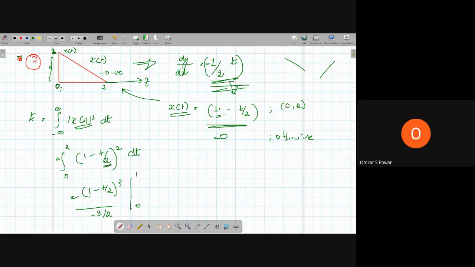Then integrate 0 to 2. So if you do that, what you will get? Minus 2 by 3 into 1 minus 2 by 2 the whole cube minus 1 minus 0 the whole cube. So you'll end up as 2 by 3. Okay. So this is how you solve the problem.